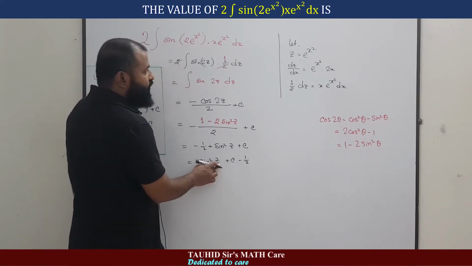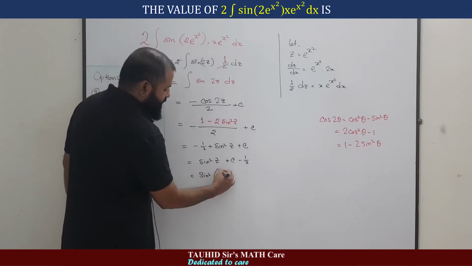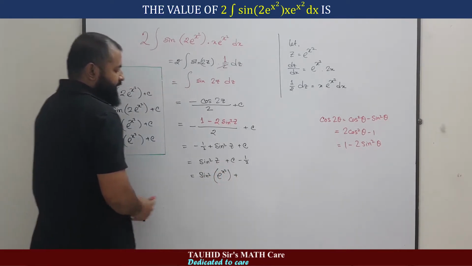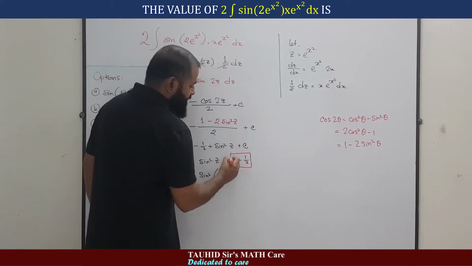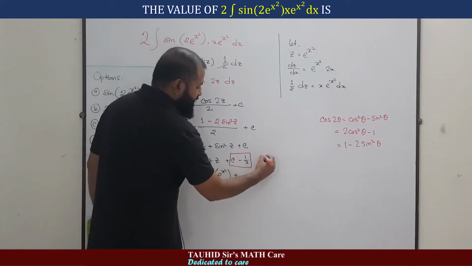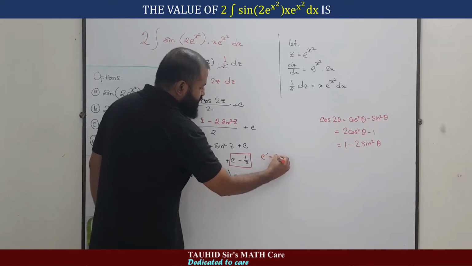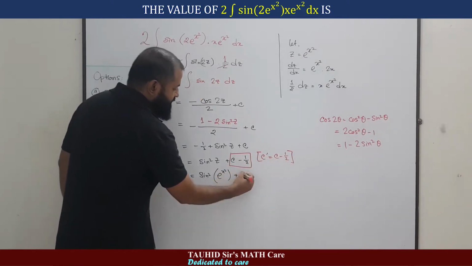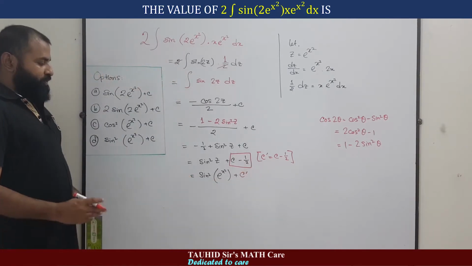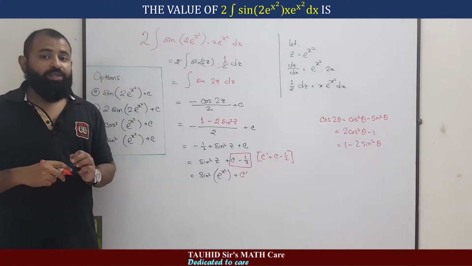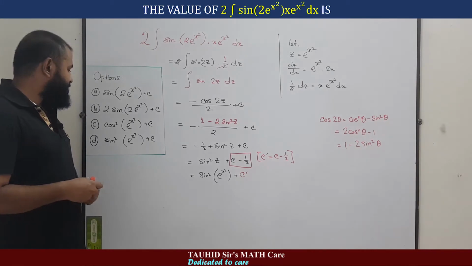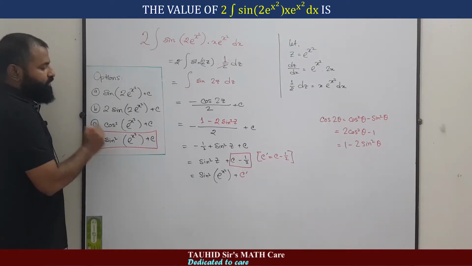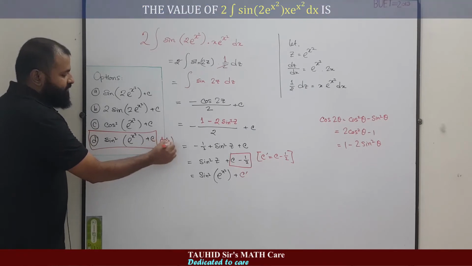We put the value of z: sine square e to the power x square plus c minus half. This is also a constant. We can assume another constant c prime equal to c minus half, plus c prime. So this answer matches with which option? Option number D. So this is our answer.